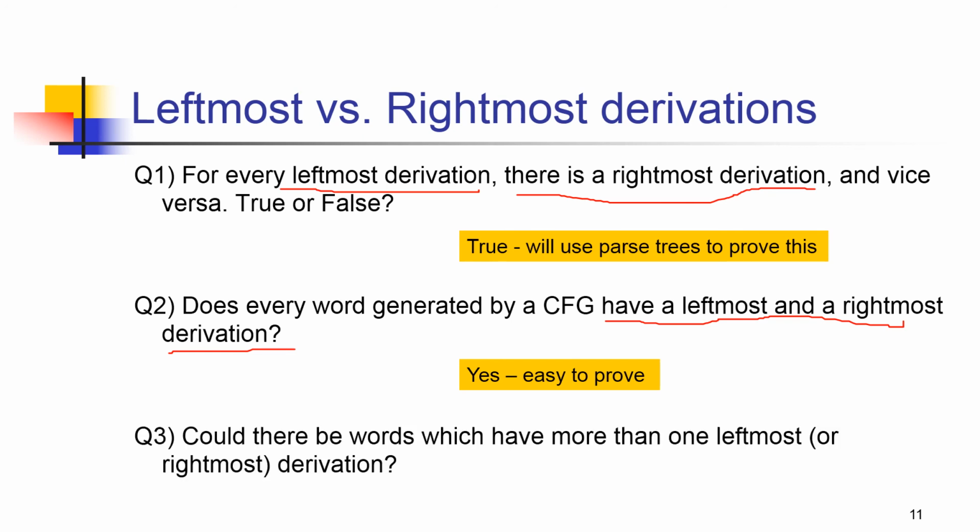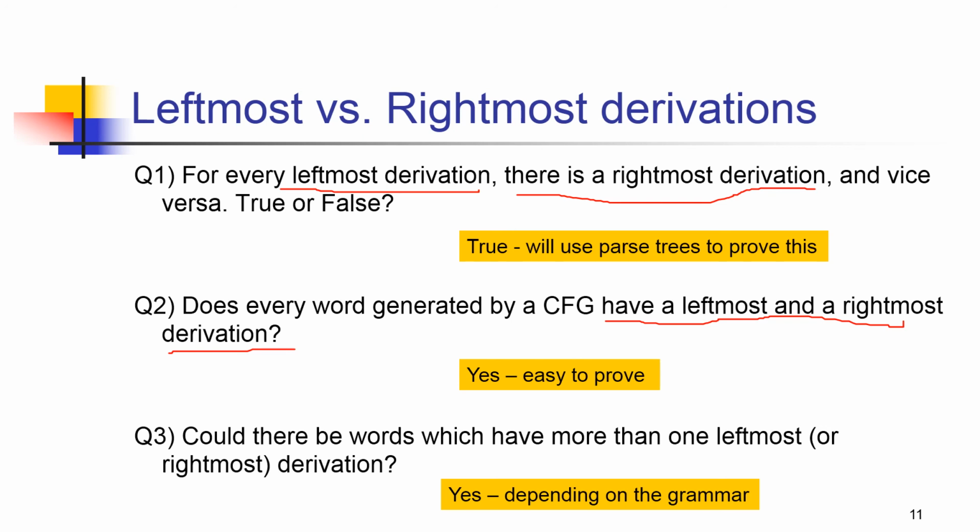Now, the last one. Could there be words which have more than one leftmost or rightmost derivation? Now, this is quite a tricky one. Is it possible that for one specific string you can have two or more ways of generating it? Is it possible? So, the answer is yes. But be sure, not for all grammars.